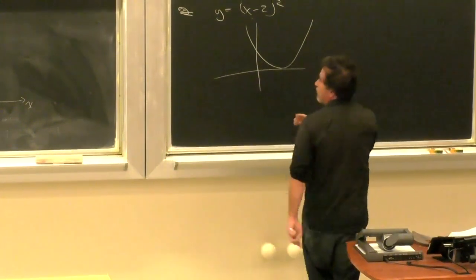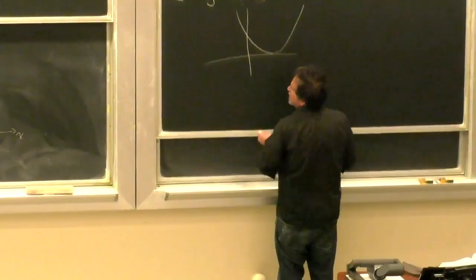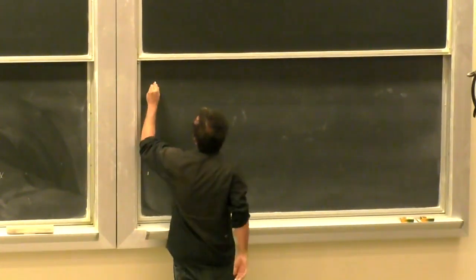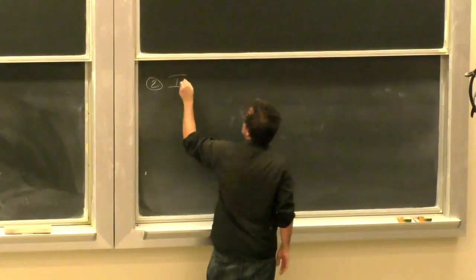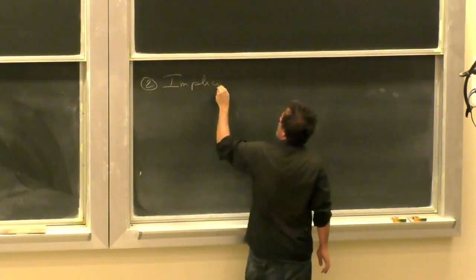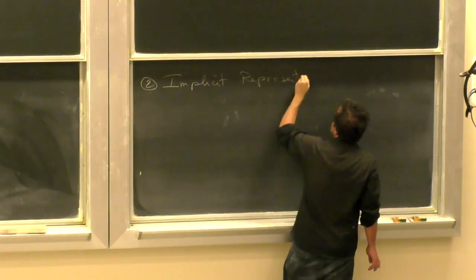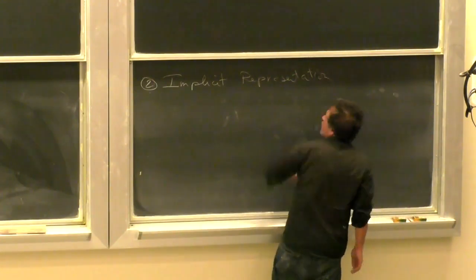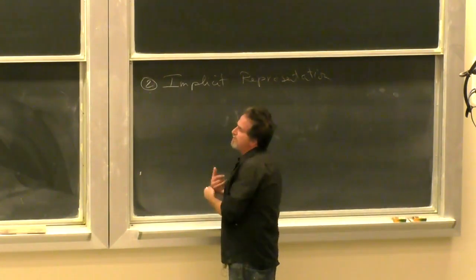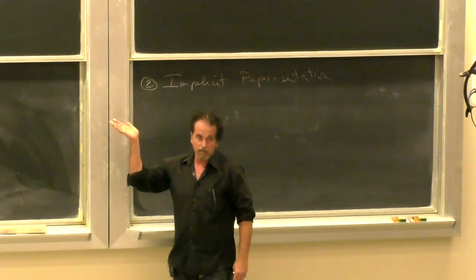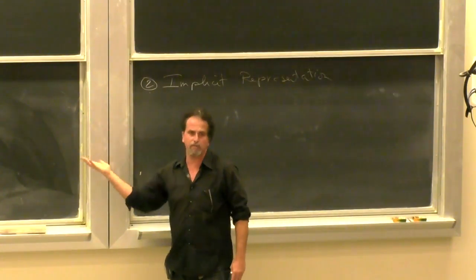So that's the parabola. The second representation that you have experience with is the implicit representation. An explicit representation explicitly says one variable is determined in terms of the other ones.